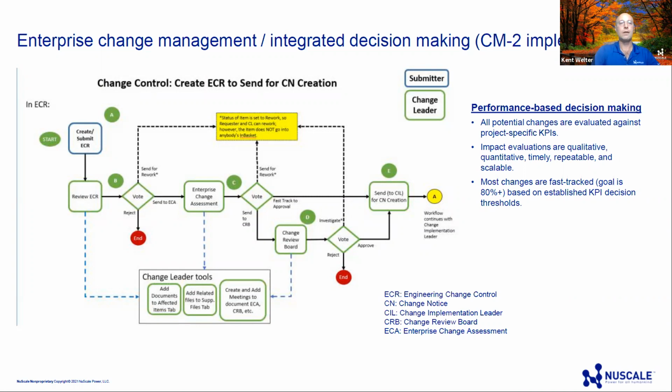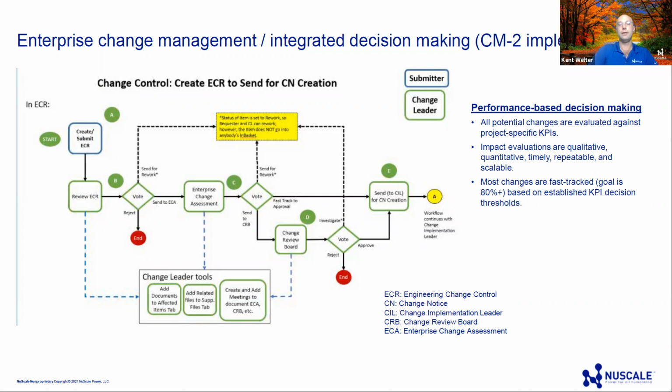On the left here, anyone can submit an engineering change request. It goes through a review process. What's interesting is we have what's called change leaders. These change leaders are trained individuals that can quickly identify a couple of things about a change, and it's really to identify whether this is a change that is routine, that can use fast-track criteria, and essentially, like air traffic controllers, they send it to this group.